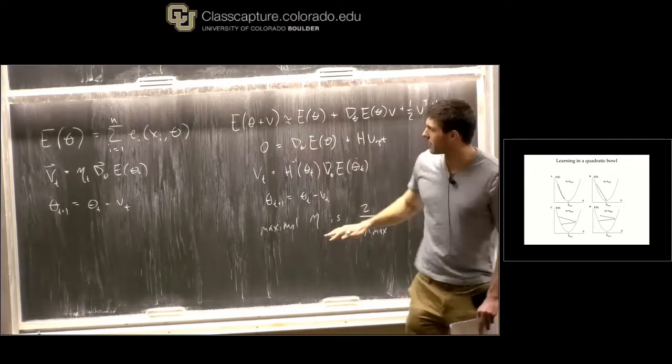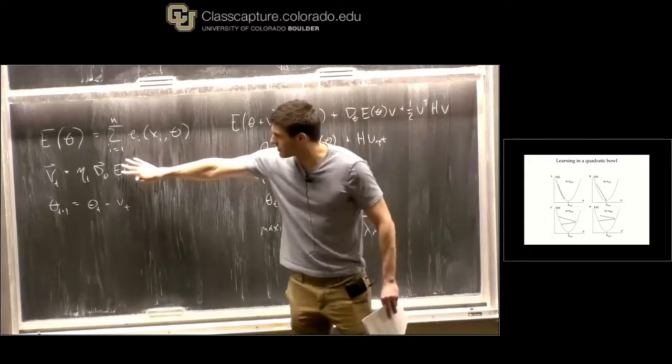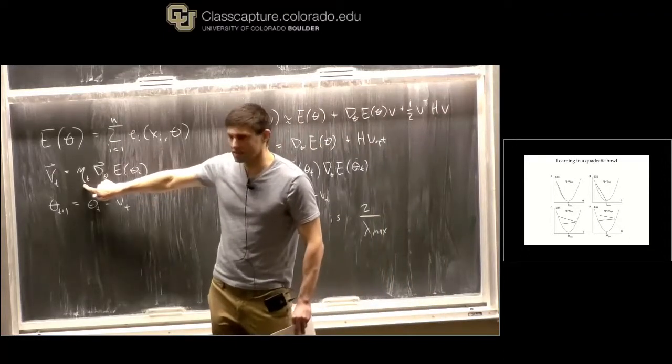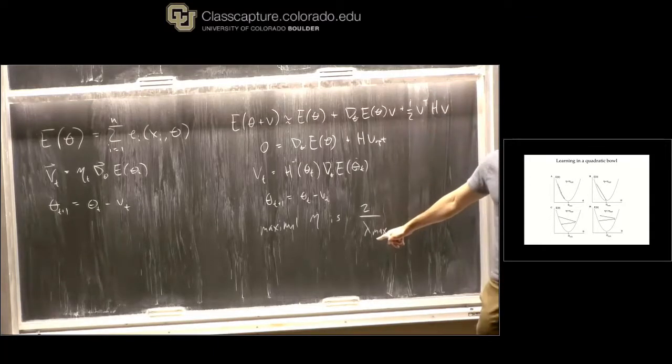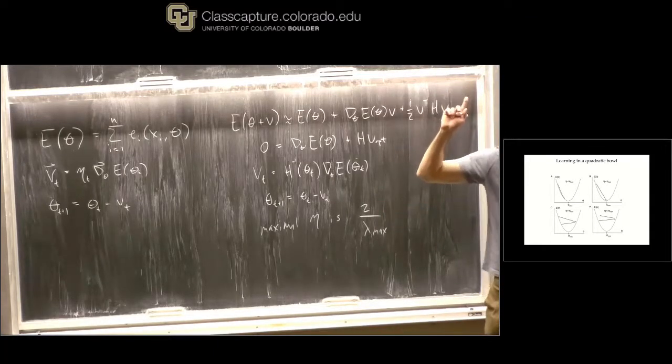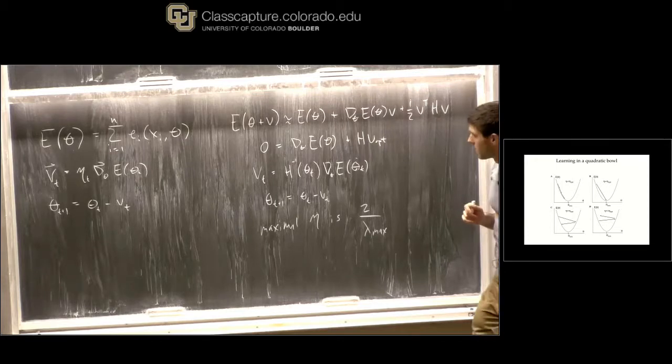If you pick a step size that is bigger than this value, then you'll explode, and you won't make progress, right? But you could also imagine using an eta that's different for each direction without having to invert it.